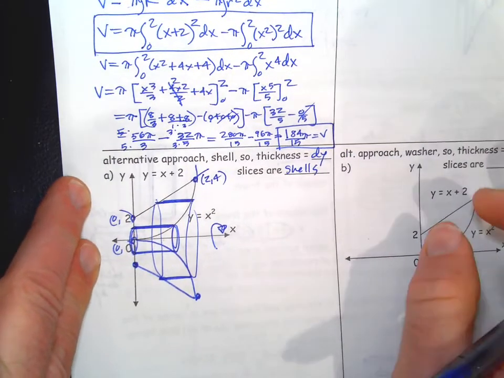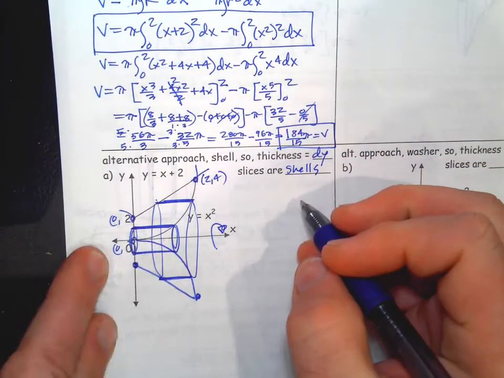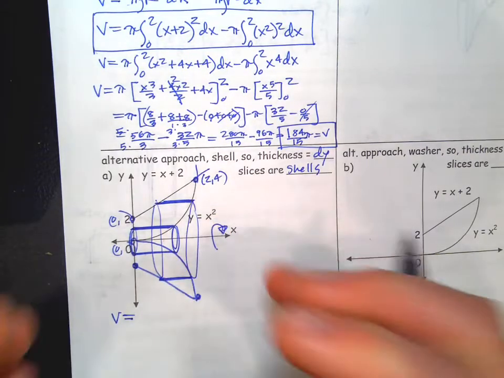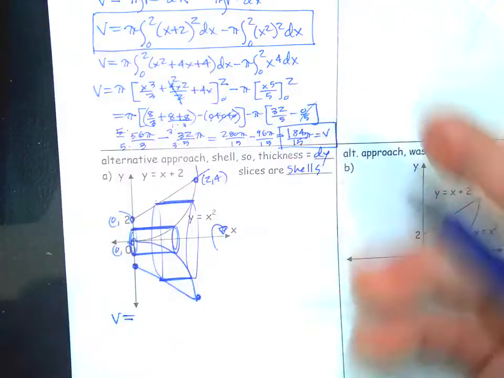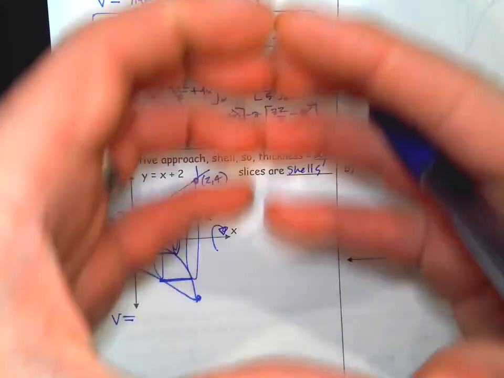So we're going to need to get everything in terms of y, but let's just start with one of the shells. So the volume of a shell, remember, if you take the shell and you slice it open, you get a rectangle. And the base of the rectangle comes from the circumference of the original shell.